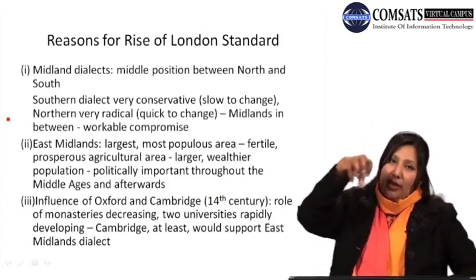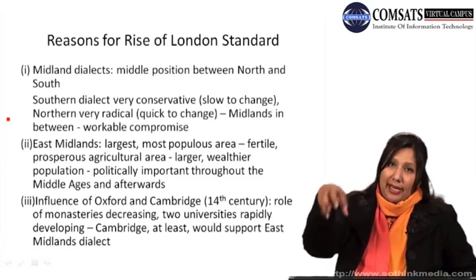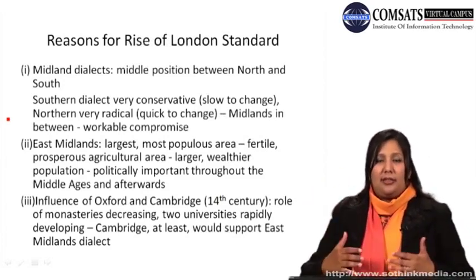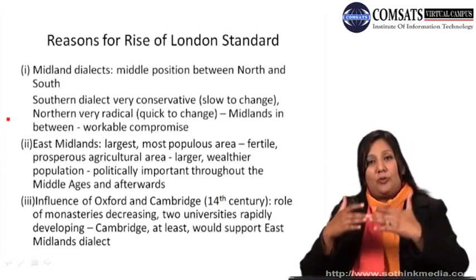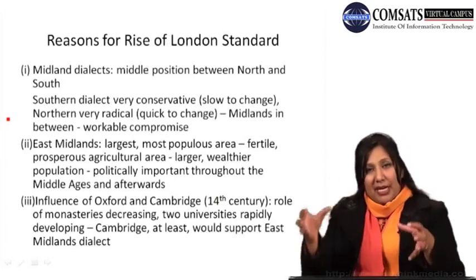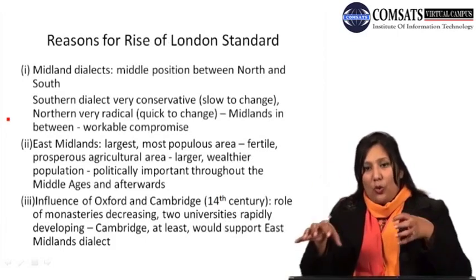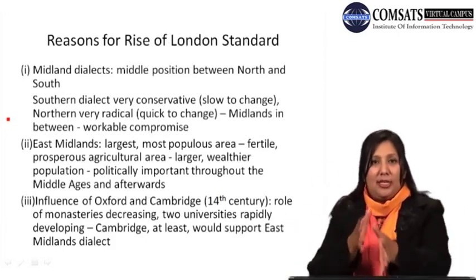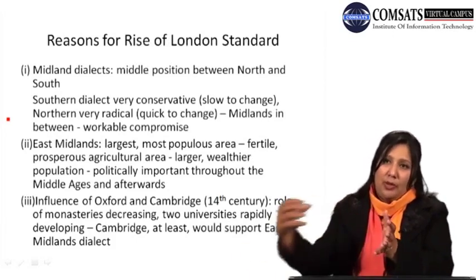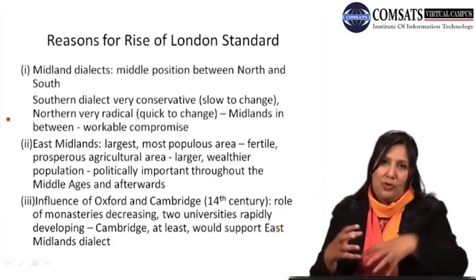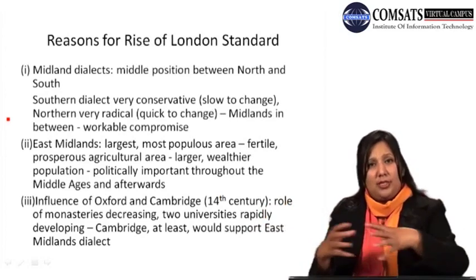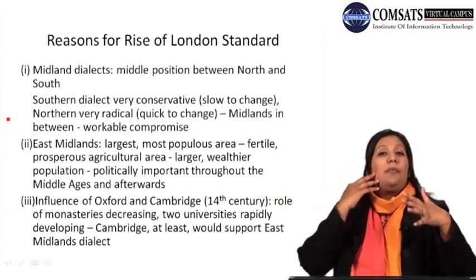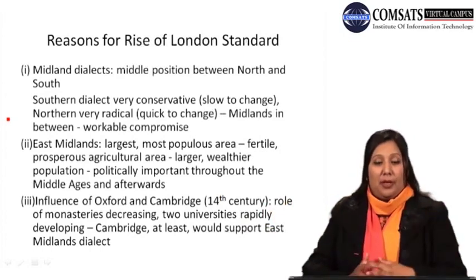While we are talking about the midland dialects, it means they were literally the language that was spoken in the midlands. Midlands, which lands? In the north and the south. They come in the middle, and these were the languages that were spoken. A few of the people from the south would know this, a few of the people from the north would also know this. So the language of the midlands was known by these people.